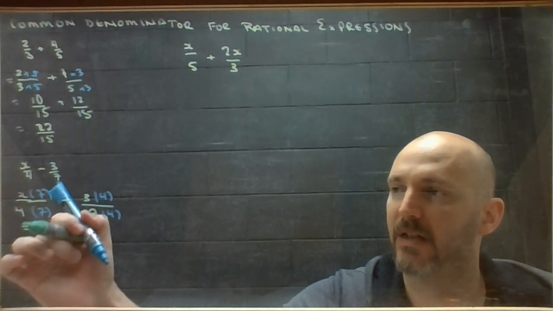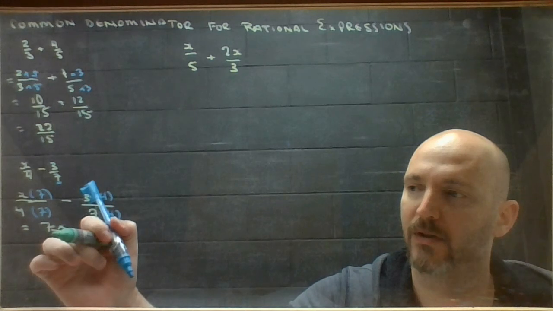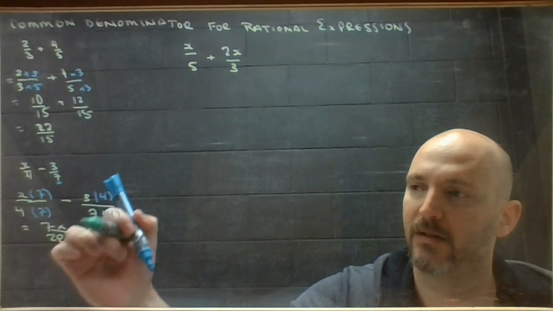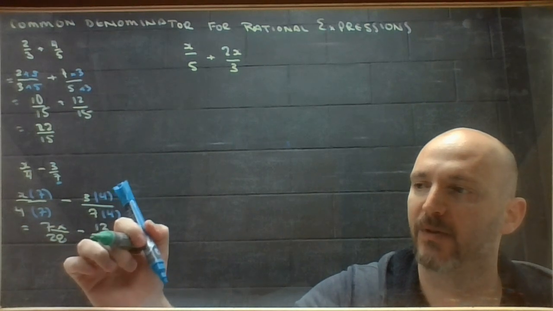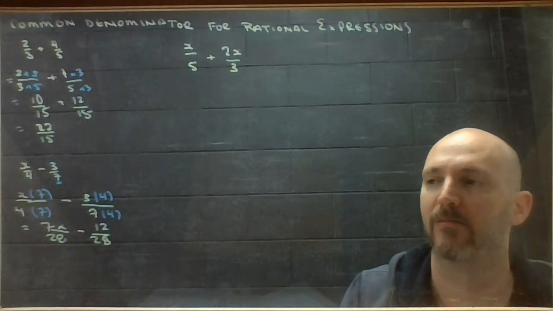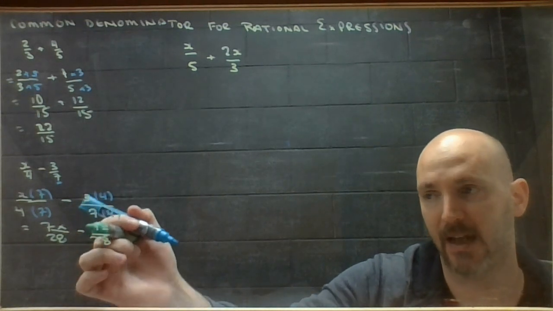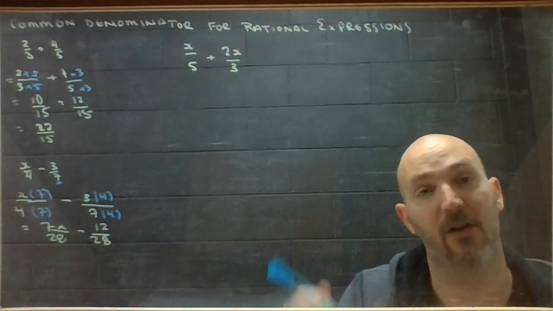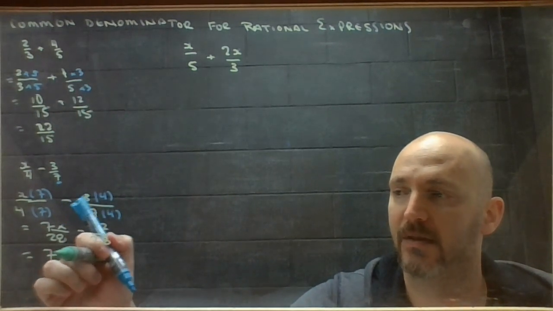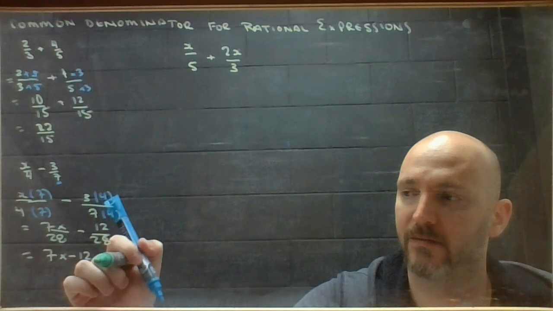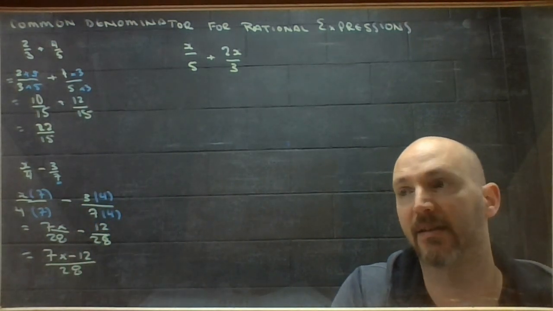That ends up giving me 7 times x is 7x over 28, and 3 times 4 is 12. 7 times 4 is 28. So 7x divided by 28, subtract 12 divided by 28, are both divided by 28. So 7x subtract 12 divided by 28. And I've managed to write that as a single fraction.